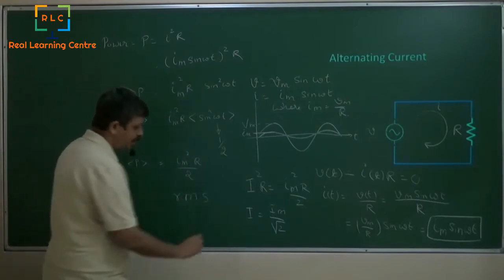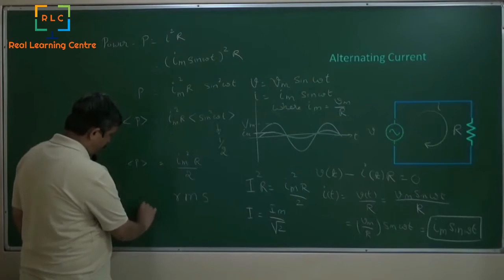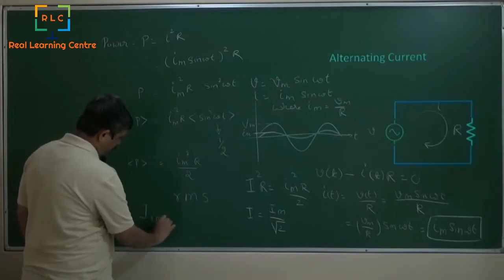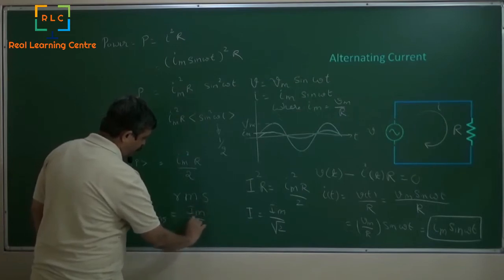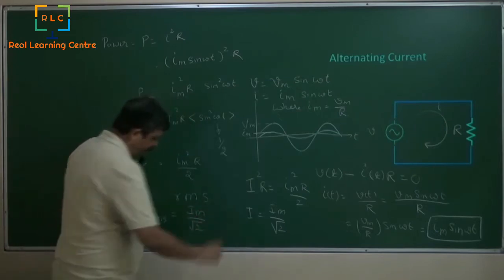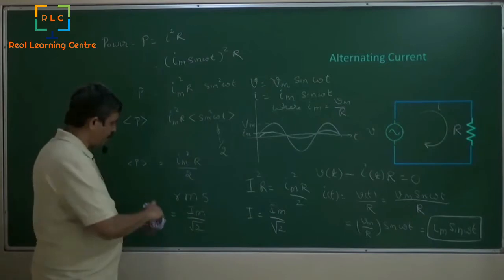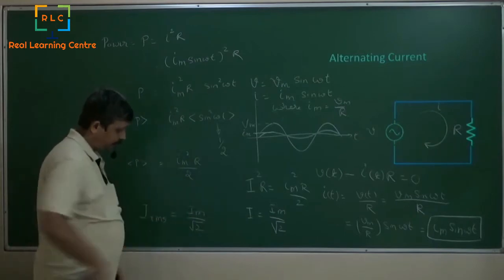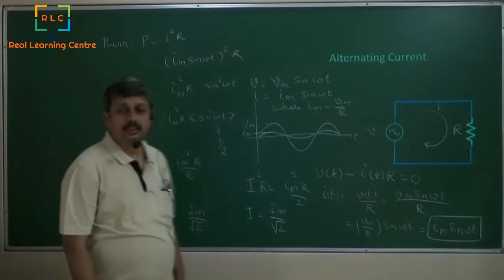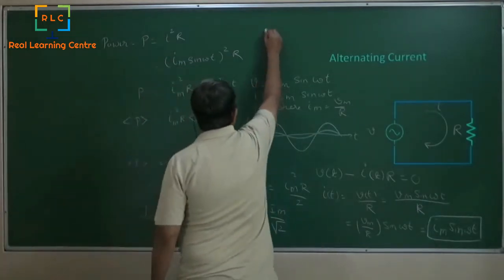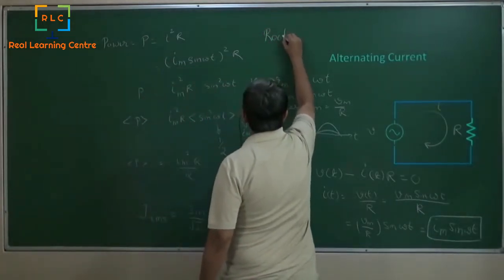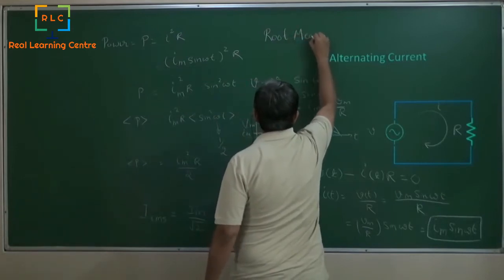So we write it as I RMS is equal to Im by root 2. So you may ask, what is this RMS? RMS is nothing but, we call it, root mean square.